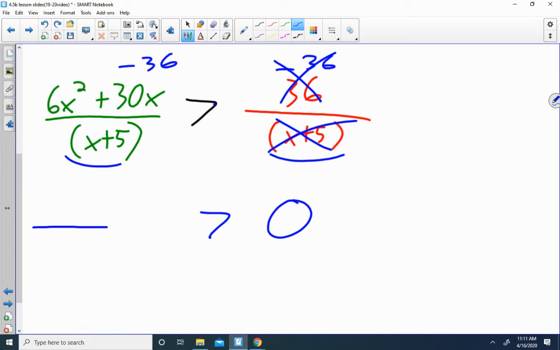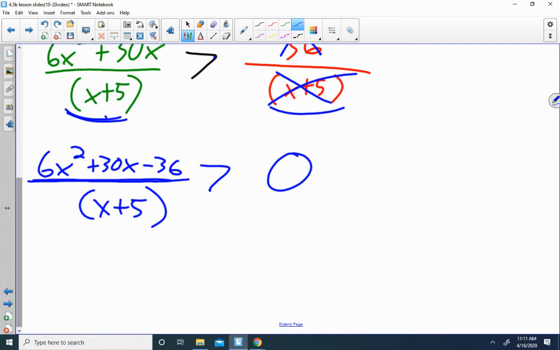And on this side, you get 6x squared, and the 30x and the negative 36, those are not like terms, so you can't actually add them together. You can just write it as 30x minus 36. And that's what we get on top. And on bottom, you just leave it as your denominator of x plus 5.